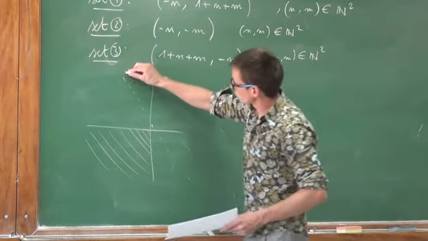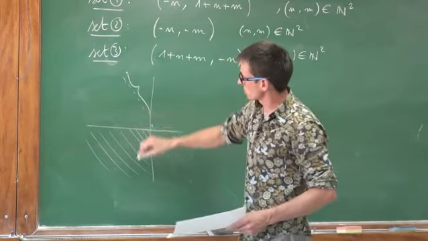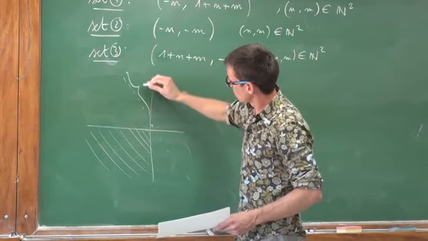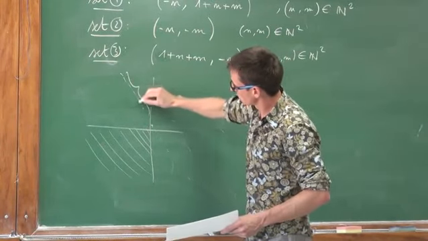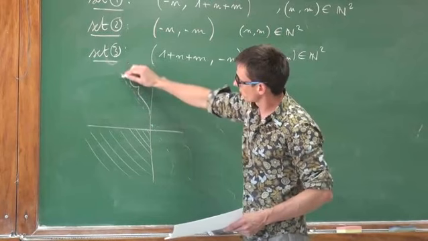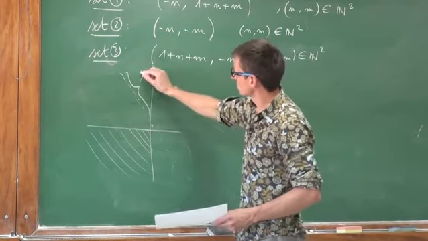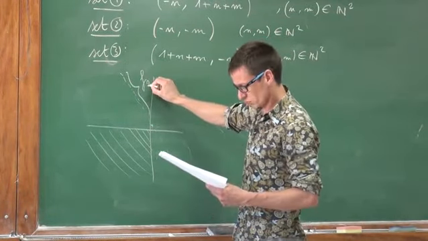Now, by convention, all the lines that cross this part of the dotted line are called F2, F1.